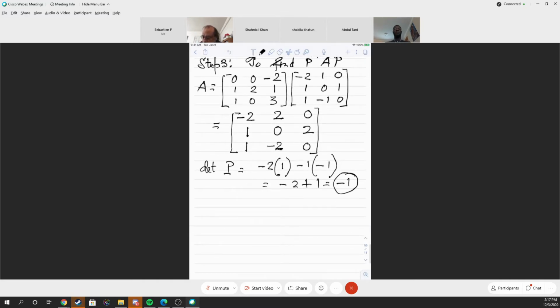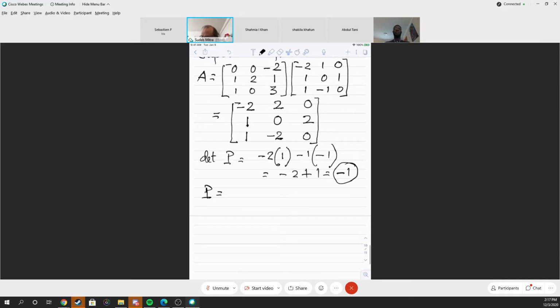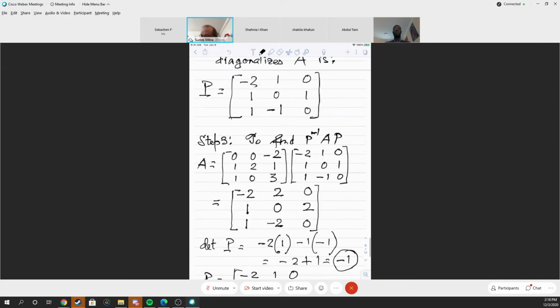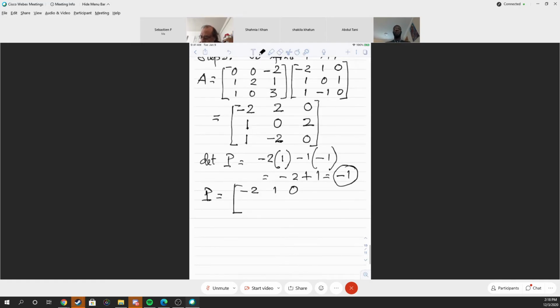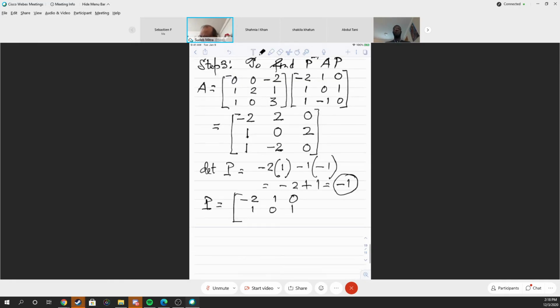So P is the matrix minus 2, 1, 0; 1, 0, 1; 1, minus 1, 0.